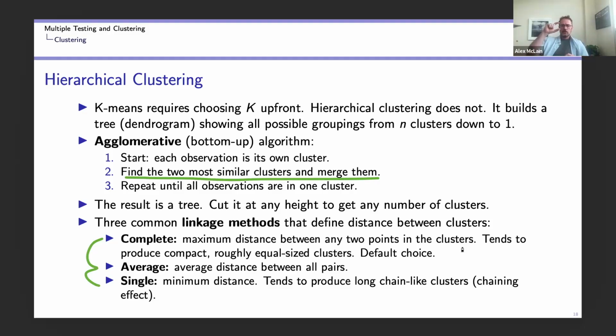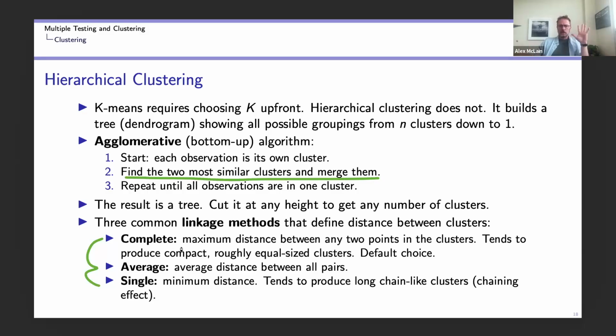So if we have a cluster of 2 and 1 data point, we look at how far this data point is from both of these, and we take the maximum of that. Complete tends to produce compact, roughly equal size clusters. It's the default choice. Average says, all right, if we have 1 point here, 2 points here, we calculate the distance between those, and we take the average. Single takes the minimum distance.